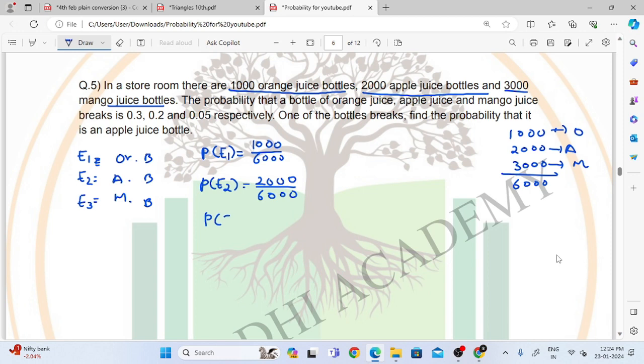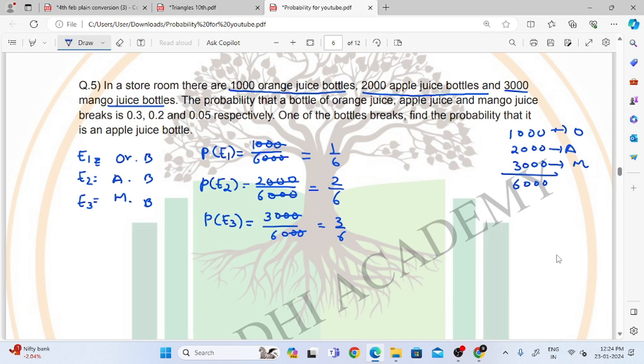And P of E3 means selecting a mango juice bottle, that is 3000 out of 6000. We can cancel out these 3 zeros, so after cancelling the denominator is equal: 1 by 6, 2 by 6, 3 by 6.